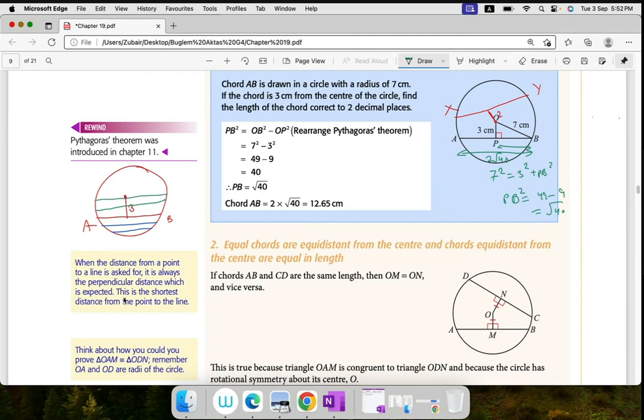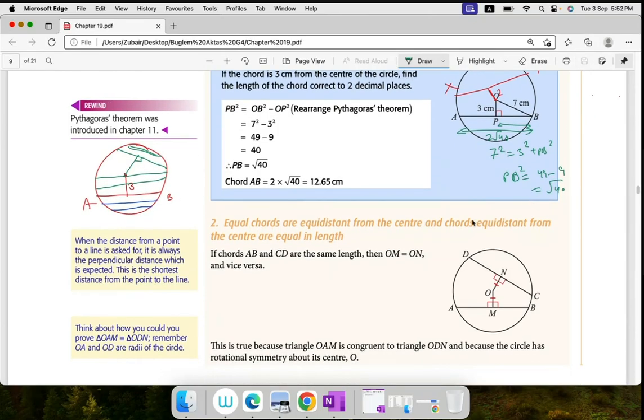That is the diameter. So further away means shorter. Let's say this is the line. This is the chord. If I move further away, that gets shorter. So if someone is already telling that the distance is equal, that means AB will be equal to DC.